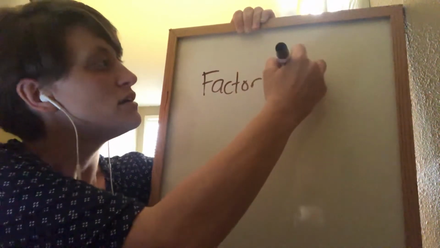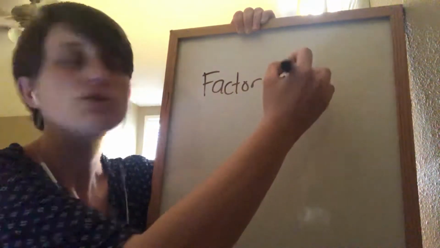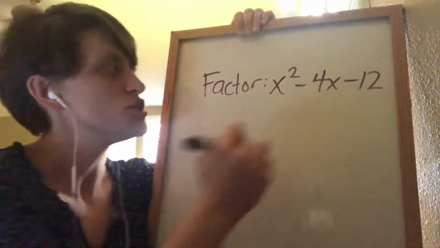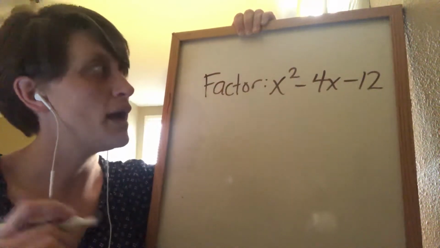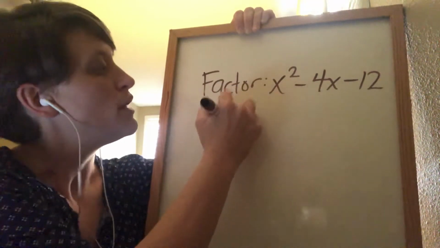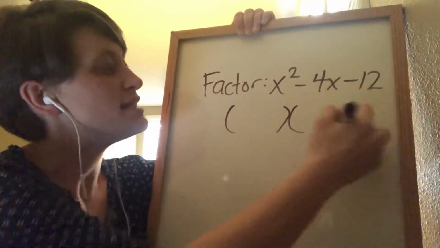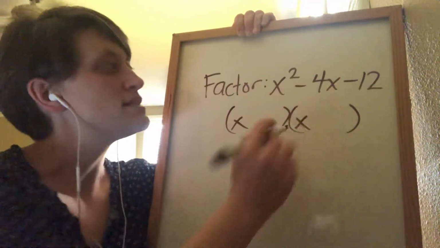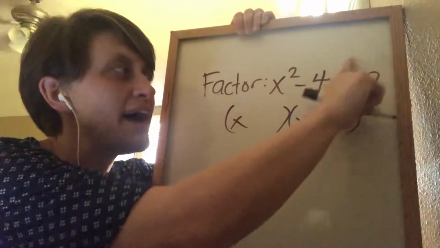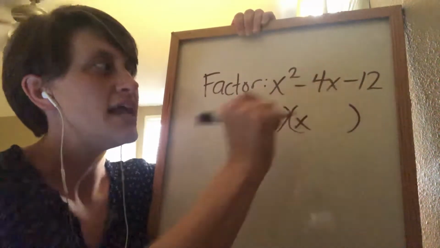Let's factor the trinomial x squared minus 4x minus 12. We know how to factor this because of the factoring videos before. This is going to have an x in both sets of parentheses because the leading coefficient is 1. Now we need to find two factors of -12 that add to -4.